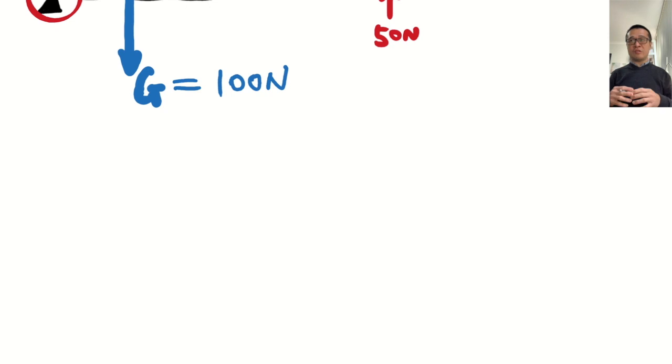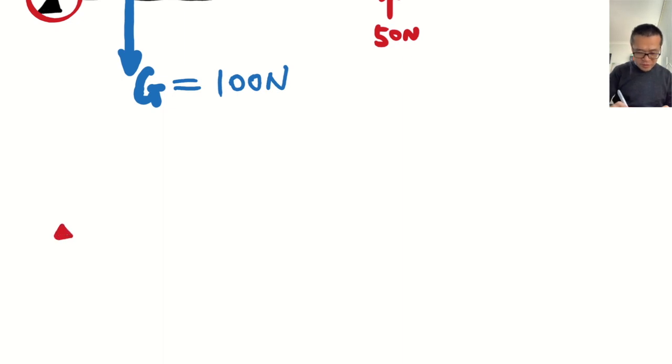That means when you remove the loading, the object goes back to its original shape. But if you start to deform plastically, that means if you remove the forces, the thing will stay deformed. For example, if a car goes past a bridge and it starts to plastically deform, the bridge will change its shape and it might not be stable anymore.